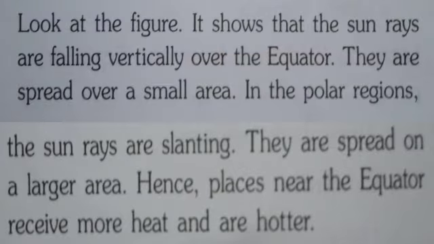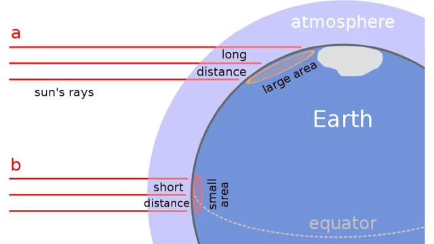Hence, places near the equator receive more heat and are hotter. So, I hope it is clear to you. The area near the equator is hot and the areas near the poles have a cold climate.